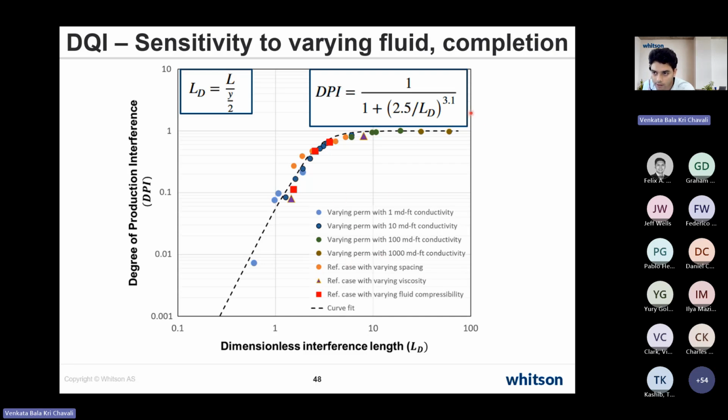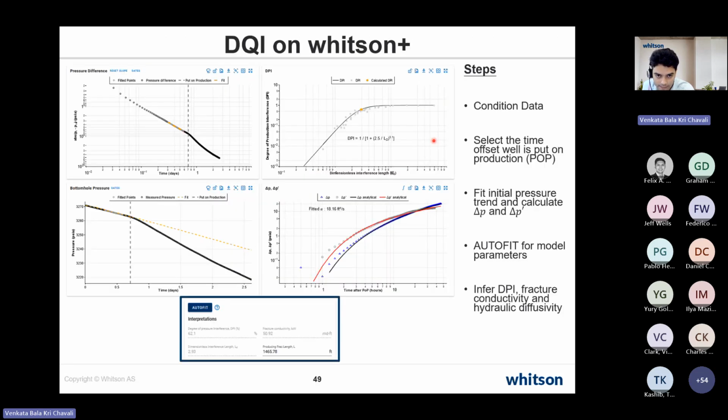What we have in the software is that you can do your analysis, put in your prior pressure trend, gather that extrapolation and generate the delta P's with respect to that prior pressure trend. Then we fit the analytical model to it. Once we fit those analytical models, we get a sense of what alpha and K are, etc. Then we compare that with the well spacing and the drained length, and we get an LD.